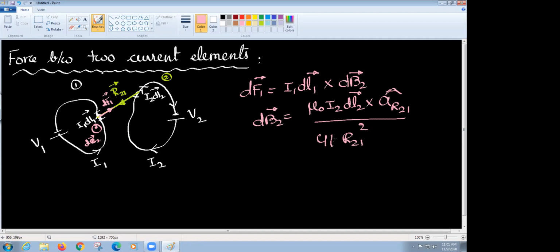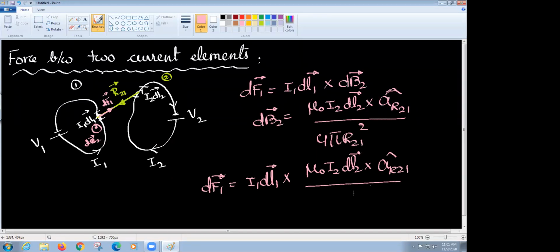So now, what is dF1? It is I1 dl1 cross mu naught I2 dl2 cross a_R21, all divided by 4 pi R21 squared. This is cross, not multiplication.